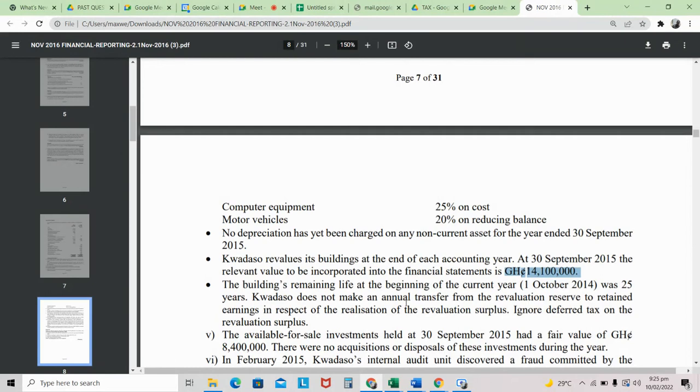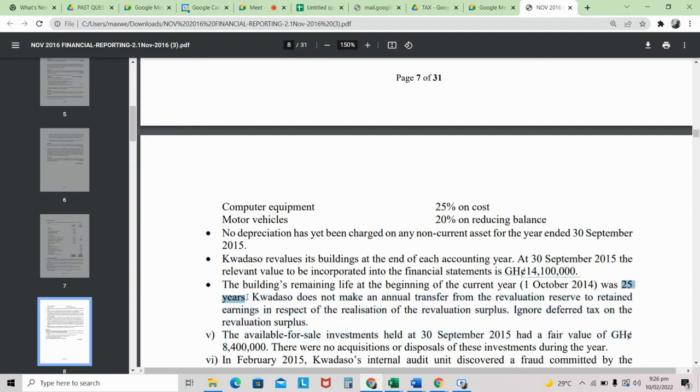So anytime you do a revaluation, you also have to update the remaining useful life of the building. It's like the building is new. Everything is new. The value is new. The useful life is new. So you start to depreciate it all over again. When we did the revaluation last year and we got 14 million, we also got a new remaining life of 25 years, which is here.